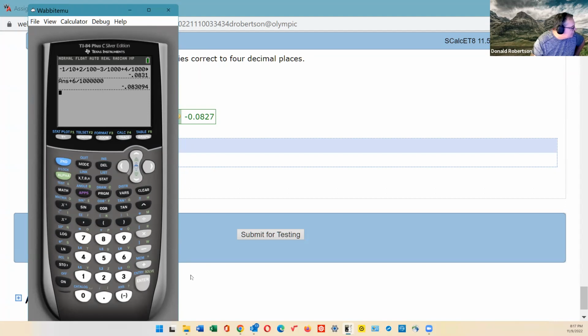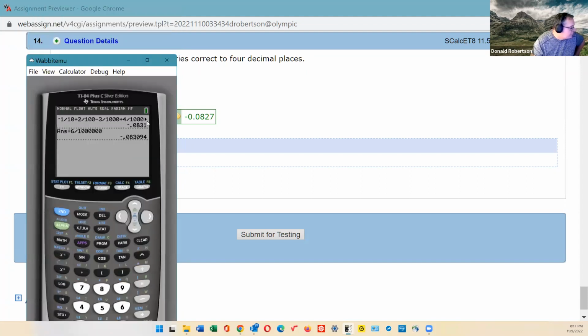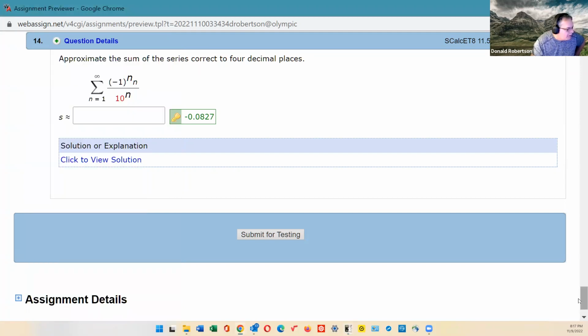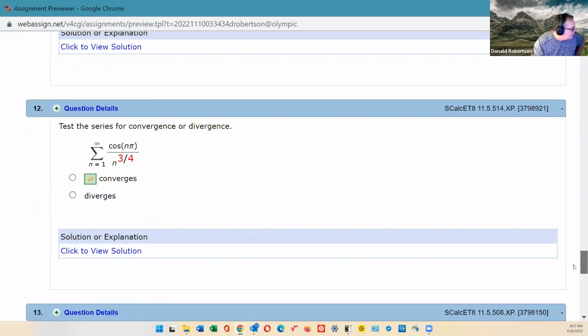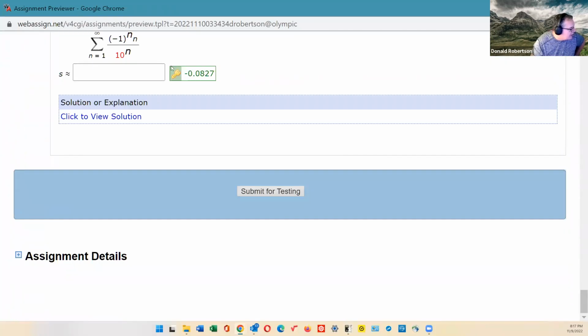There we go. Now, I may have hit the button a little bit wrong, but why am I not getting it? Okay. Does it give me a solution so I can check it? I mean, I'm darn close.